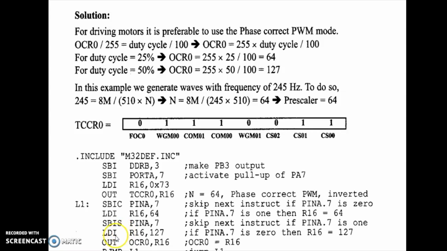So it skips the next instruction, that is LDI R16, 127, and it goes to the next instruction. Now R16 has the value 64 in it, and it will be loaded to the OCR0 register, which means now the motor runs at 25% duty cycle when the switch is on.